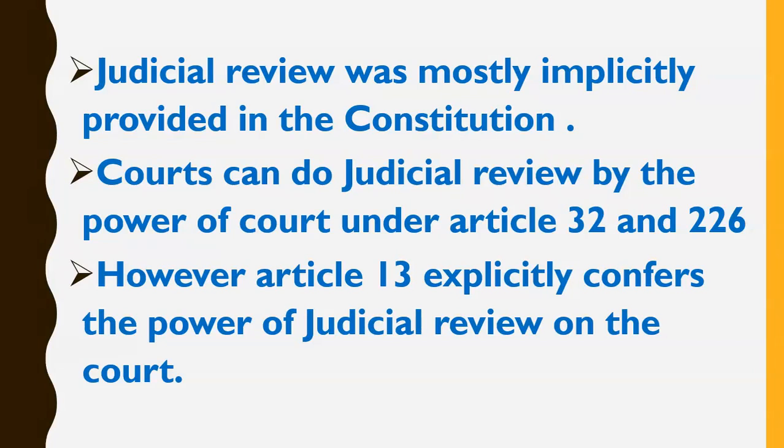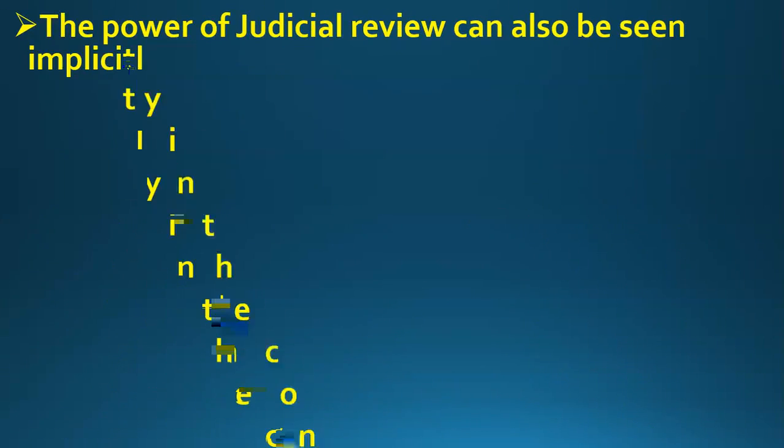And before declaring that law invalid and void, first of all, the Supreme Court has to check whether the law is inconsistent or not, whether the law is violating a fundamental right or not, meaning the Supreme Court has to do judicial review. So Article 13 directly provides the power of judicial review to the court.